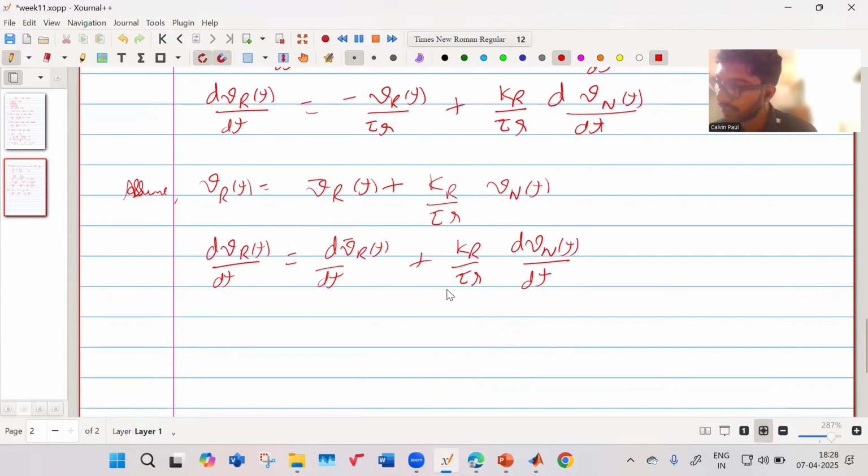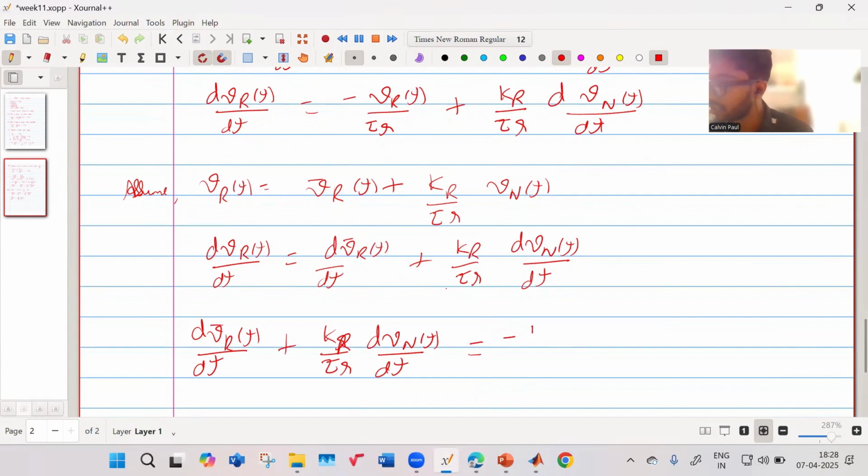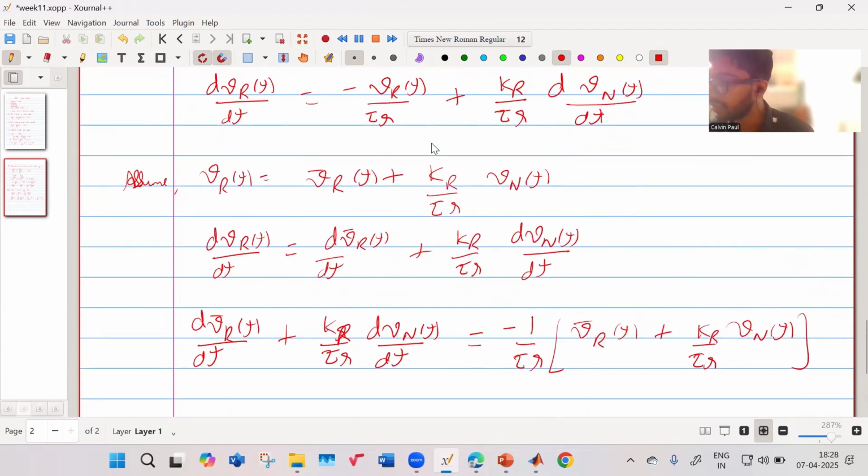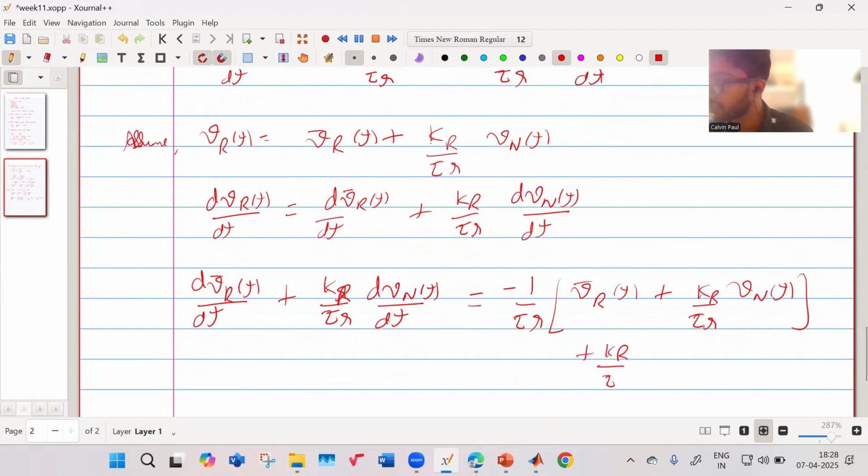So what we can write is this: dVr bar of t upon dt plus Kr upon tau r into dVn of t upon dt is equal to minus 1 upon tau r Vr of t plus Kr upon tau r into dVn of t upon dt.